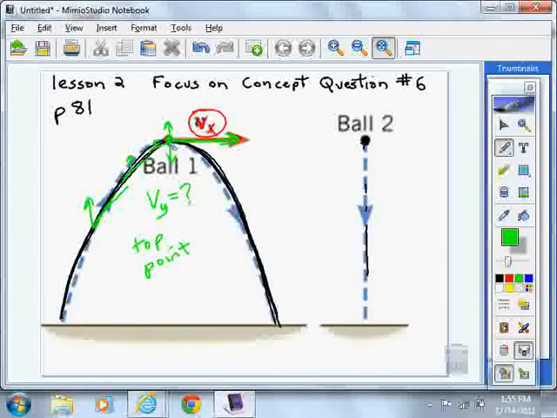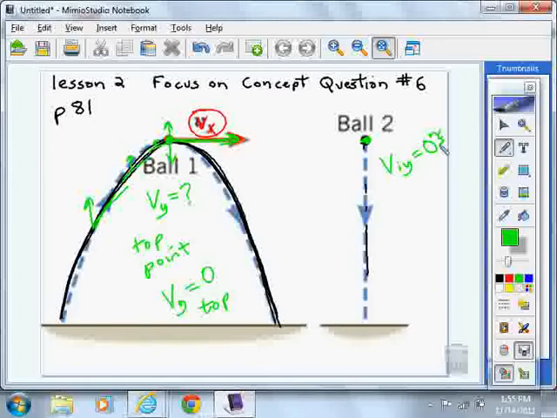Right at that point right there, its velocity up and down in the y direction is 0. What is this ball's initial velocity in the y direction? 0 meters per second.